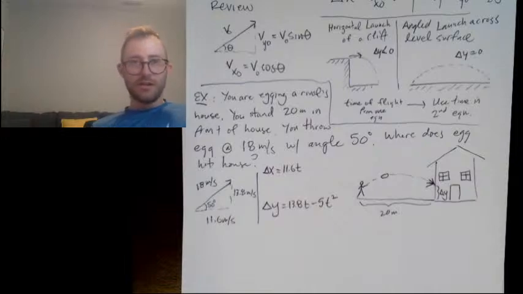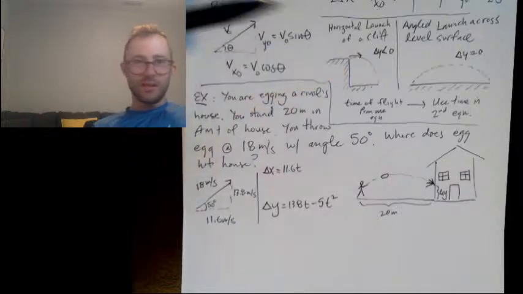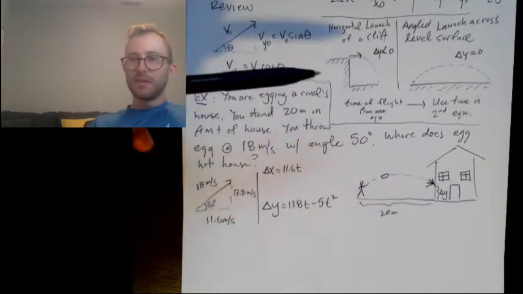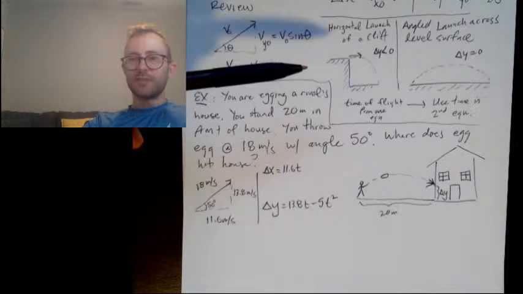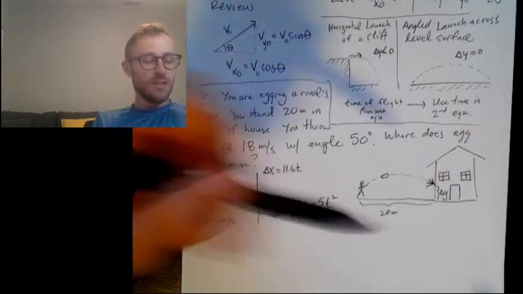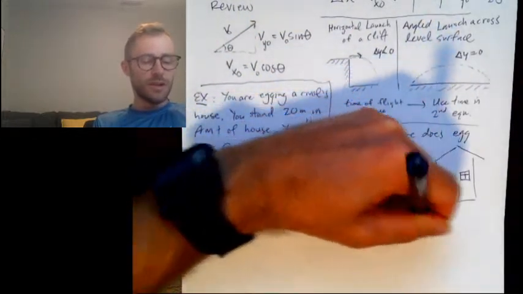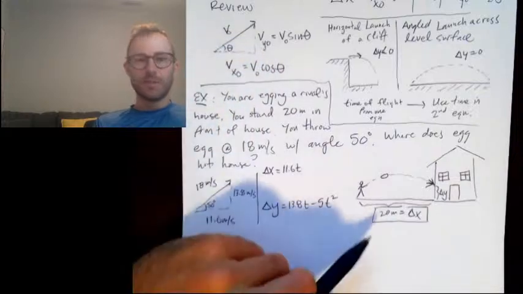So for example, in this problem, we said delta y equals -5 meters or whatever. Exactly. So when it has gone 20 meters, okay? So when delta x equals 20 meters, we know that it has hit the house. So this is our condition.